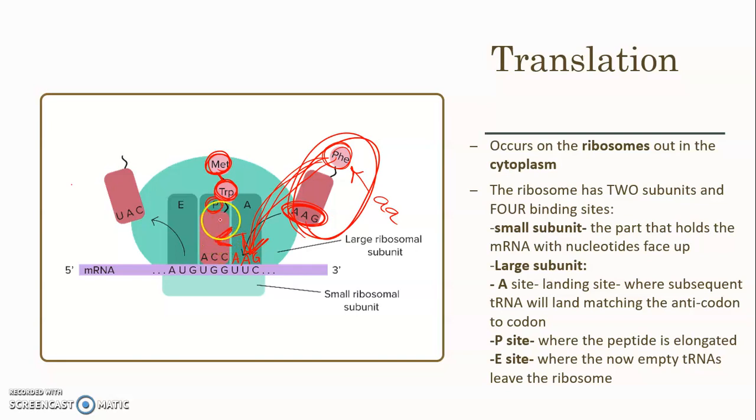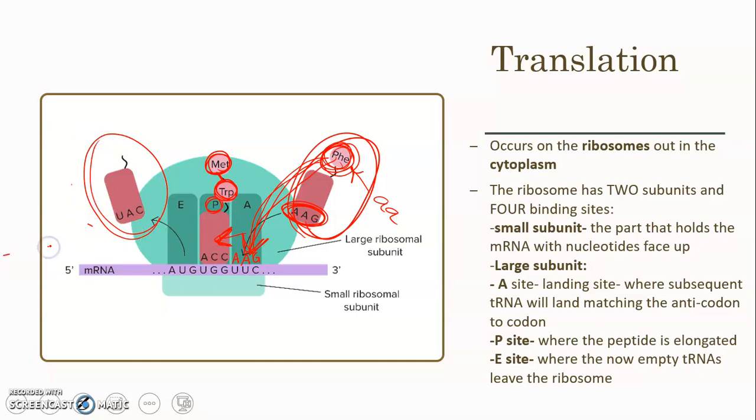Once it's in the P site, it's going to let go of its phenylalanine amino acid, which is going to be added to the growing peptide chain right here, the growing protein. And then the E site is where the now empty tRNA is going to go to leave the ribosome. So if you look here, this guy is empty.